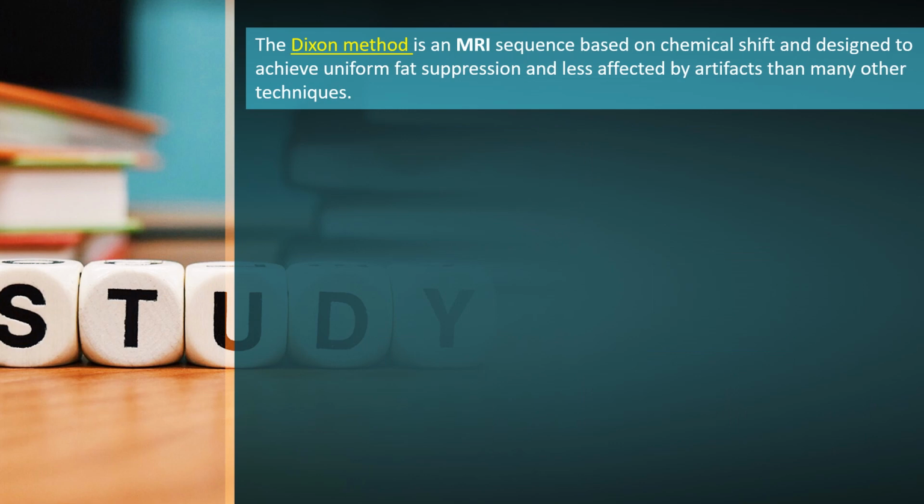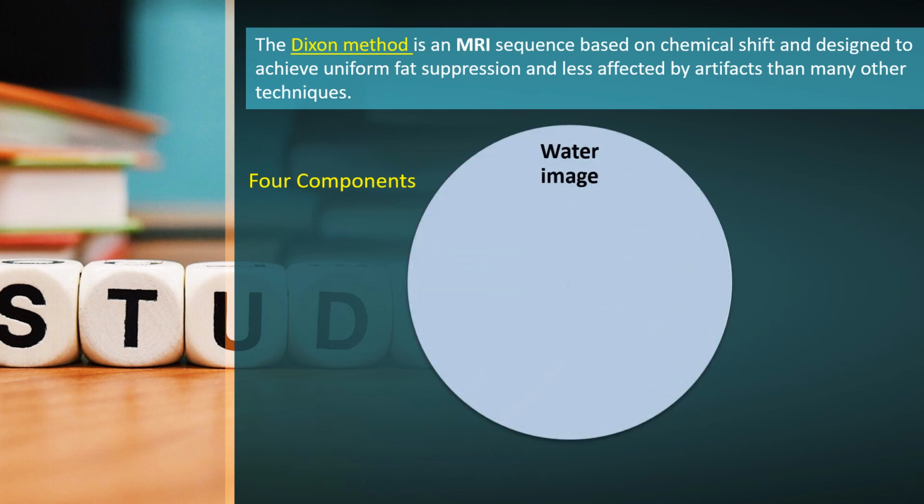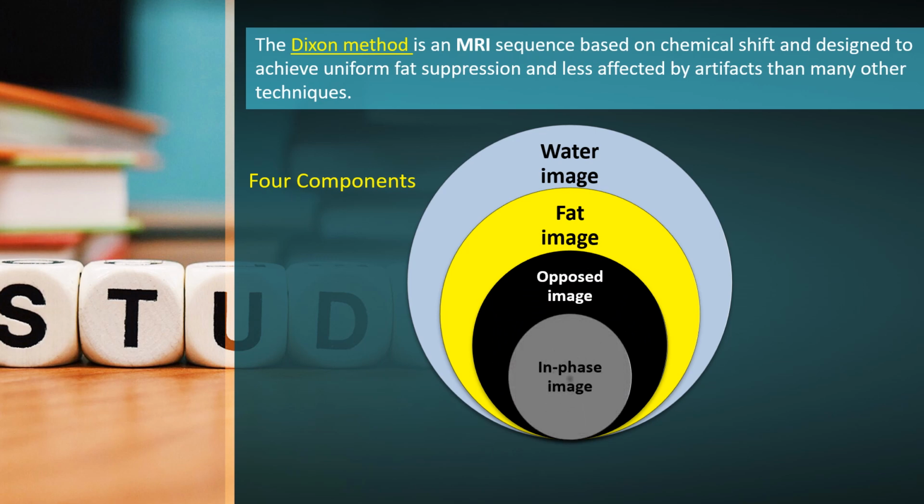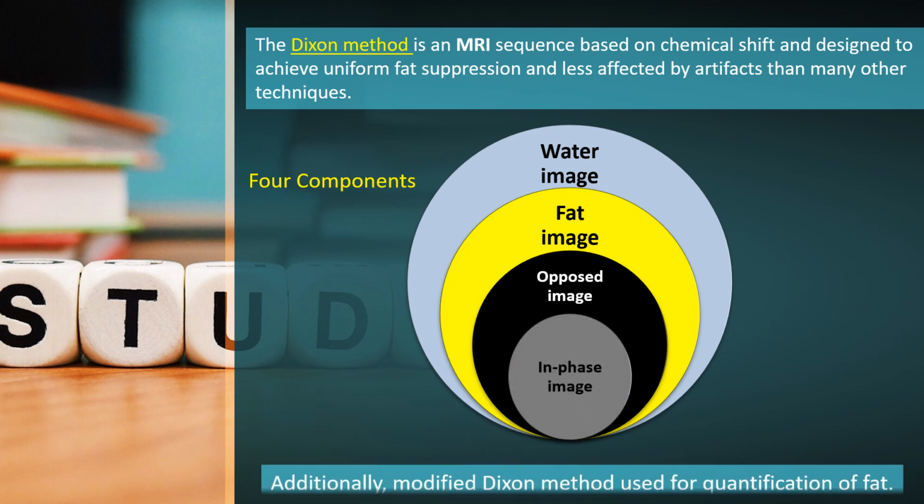The Dixon method is an MRI sequence based on chemical shift and is designed to achieve uniform fat suppression, and it is less affected by artifacts than many other techniques. It has mainly four components: water image only, fat only image, opposed image, and in-phase image.